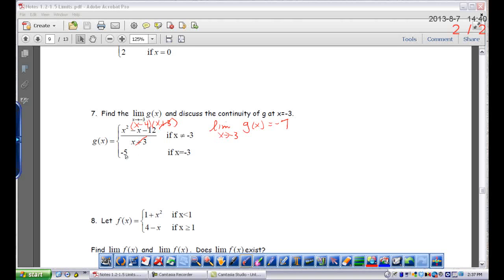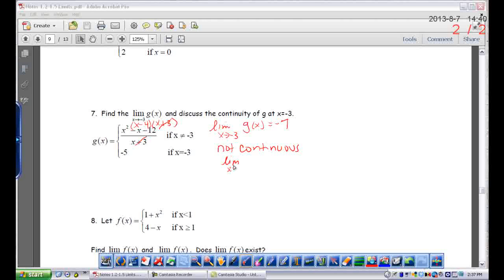Now, the other part of this graph is that if x equals negative 3, the y value is negative 5. So I'm going to have a graph with a hole in it and then a dot at negative 3 comma negative 5. So this function is not continuous, because the value of the function does not equal the value of the limit.